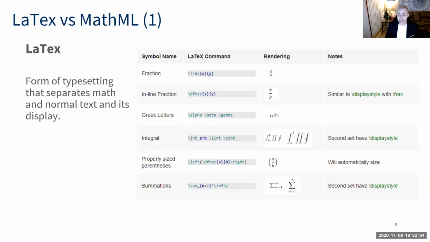Now, there are a lot of words to describe what's happening in the background. Here's what I'll try to explain in terms of the difference between LaTeX and MathML. Essentially, any math as it's communicated to a computer is encoded. This encoding occurs in multiple areas.